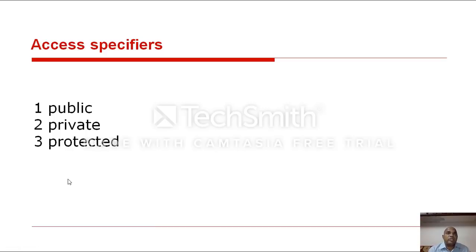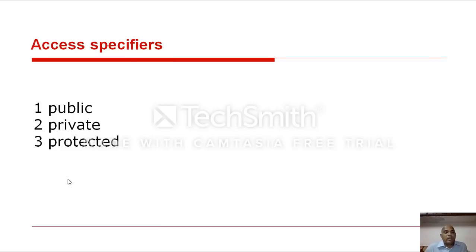There are three kinds of access specifiers: the first one is public, the second one is private, and the third one is protected. When we define variables publicly, we can use them anywhere in the program. When we define them privately, we can use those variables inside the class only.